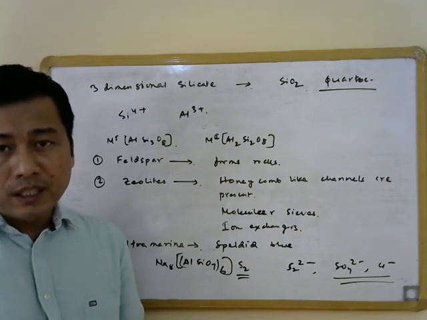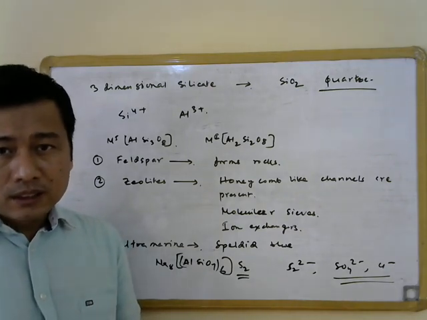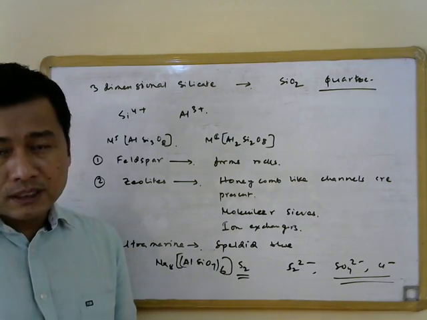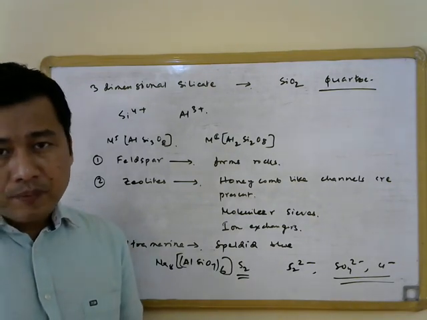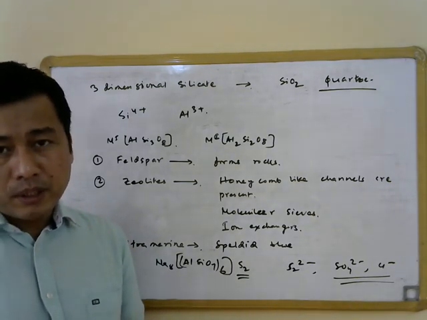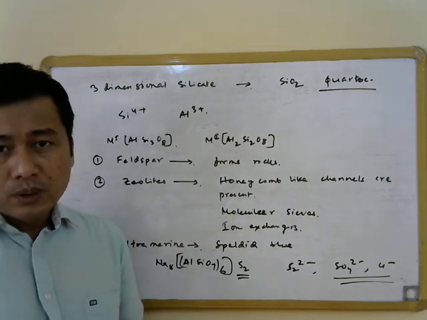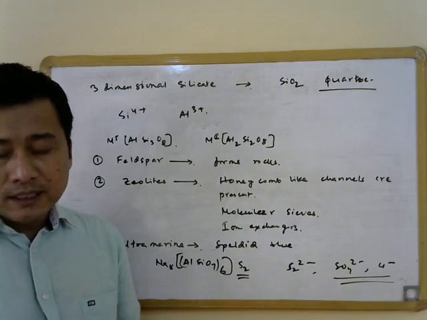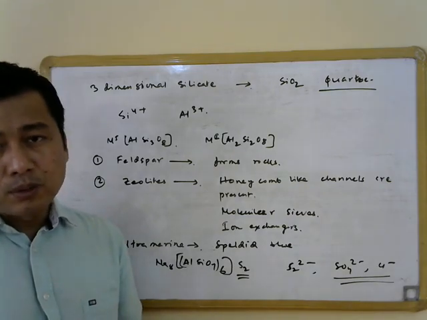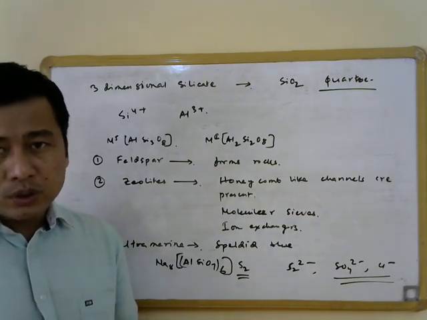Depending upon how these anionic frameworks are formed, there are 3 different types of 3-dimensional silicate minerals. The first one is feldspar, which is dense, with no pores, and these constitute the rocks or stones.